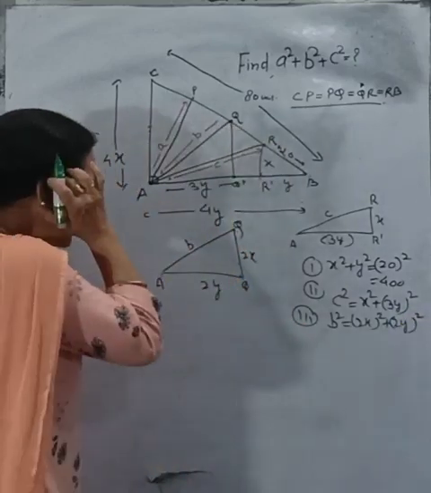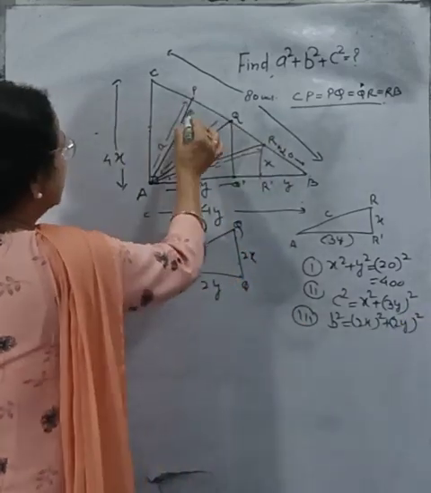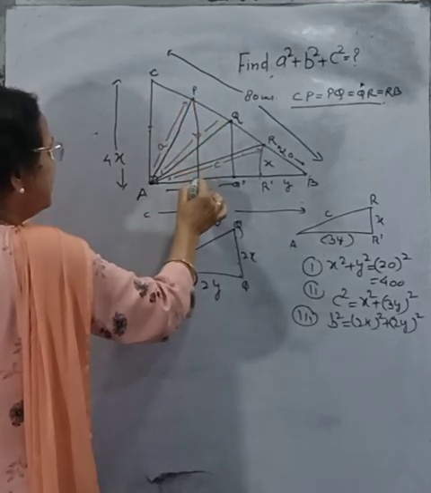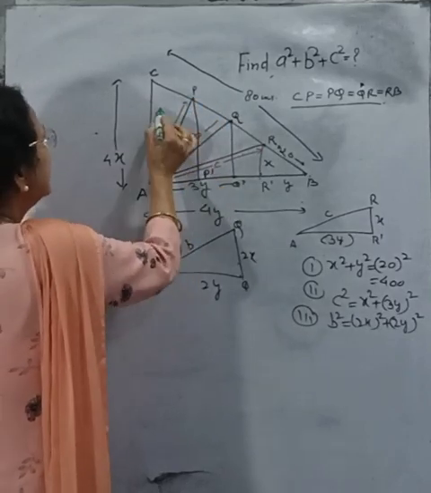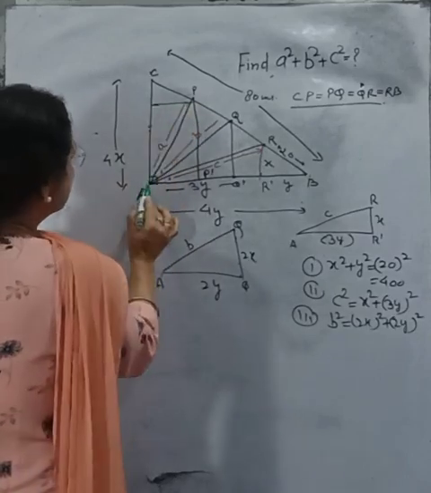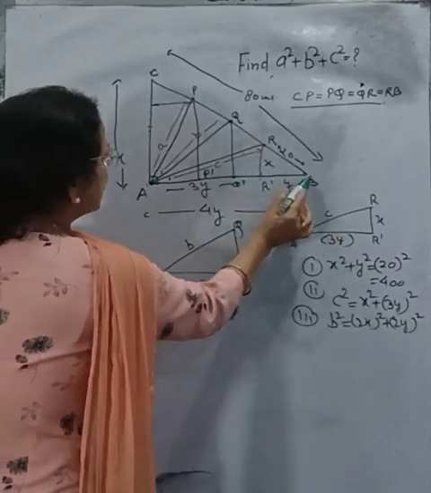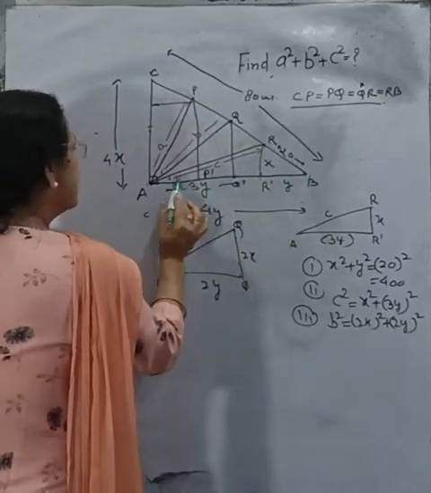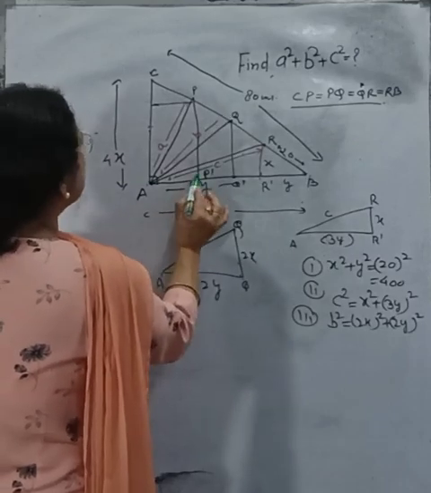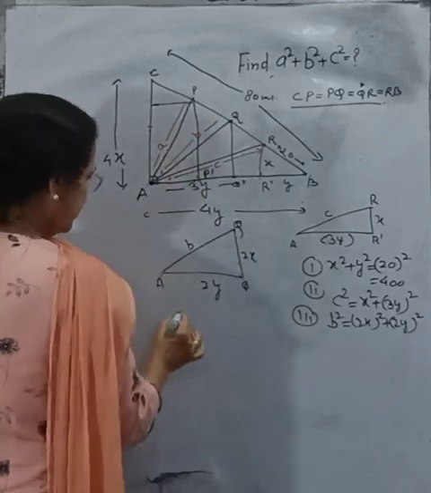Now, another one. We drop again the perpendicular from point P, that is P dash. This is the first part, this will be y and this will be 3 times x.